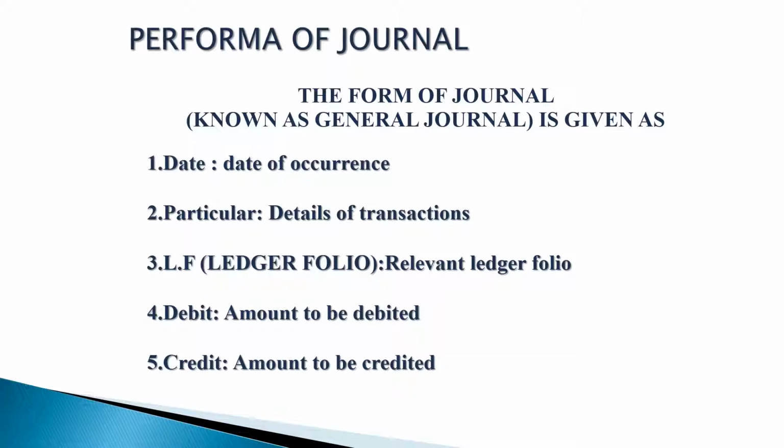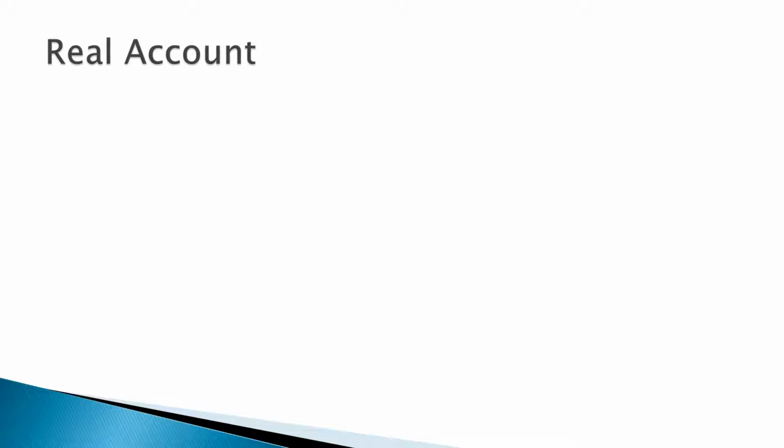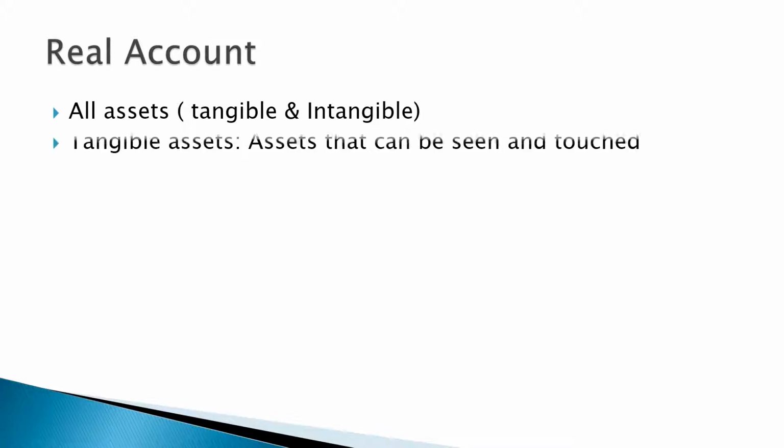Before discussing how to pass journal entries, let's discuss different types of accounts and their rules of debit and credit. The first type of account is called real account. All assets of a firm which are tangible or intangible fall under the category of real accounts. Tangible real accounts are related to things that can be touched and felt physically.